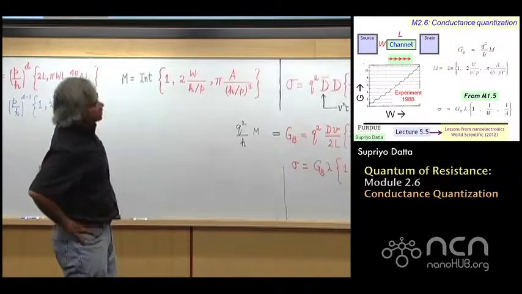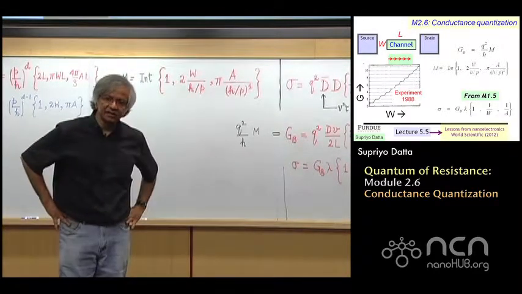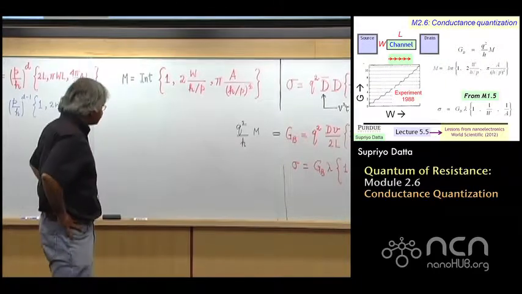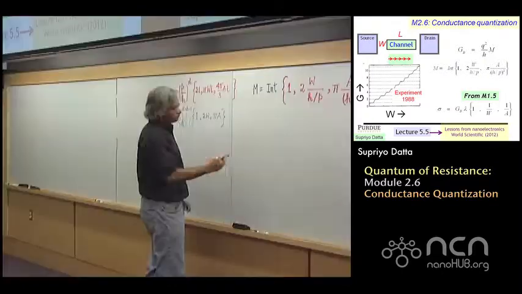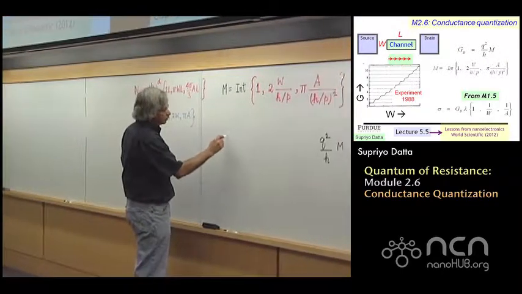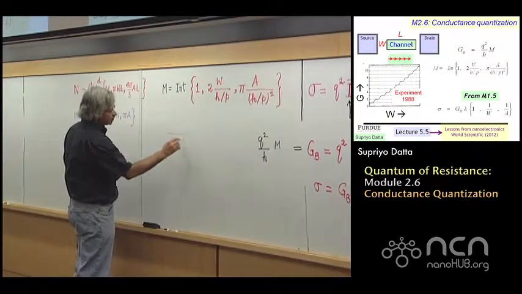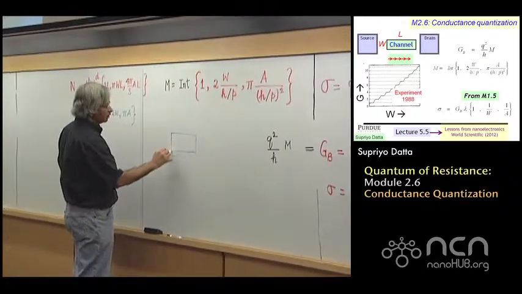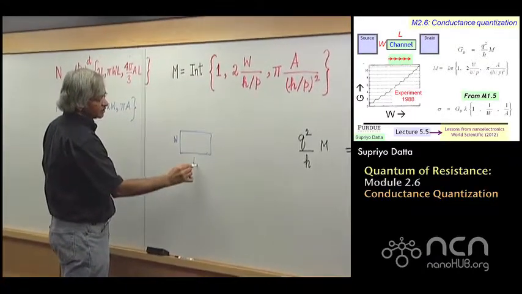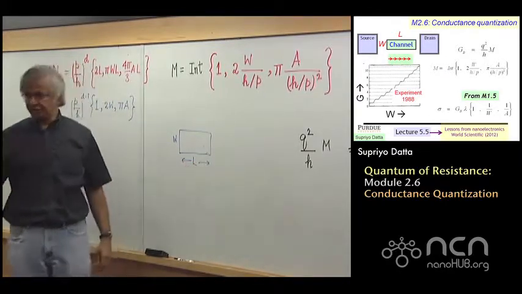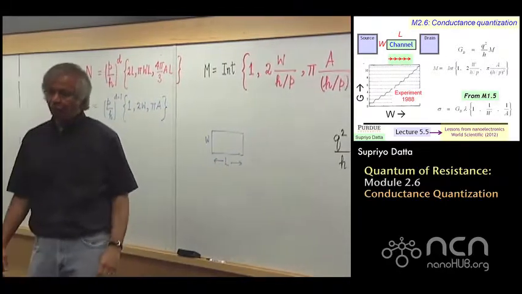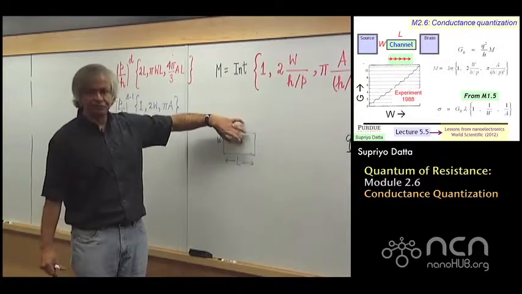It showed an experiment done on a conductor whose width was continually changed. So you had this conductor whose width is W, length is L. The length itself is short enough that it's ballistic. In fact, these are what people call point contacts. These are extremely short.